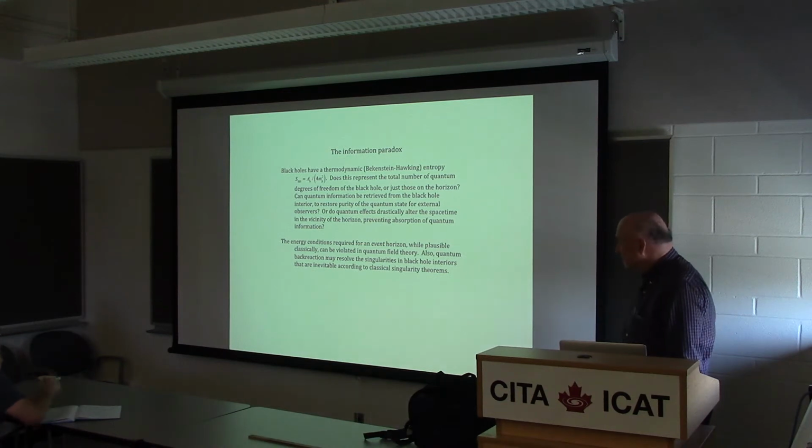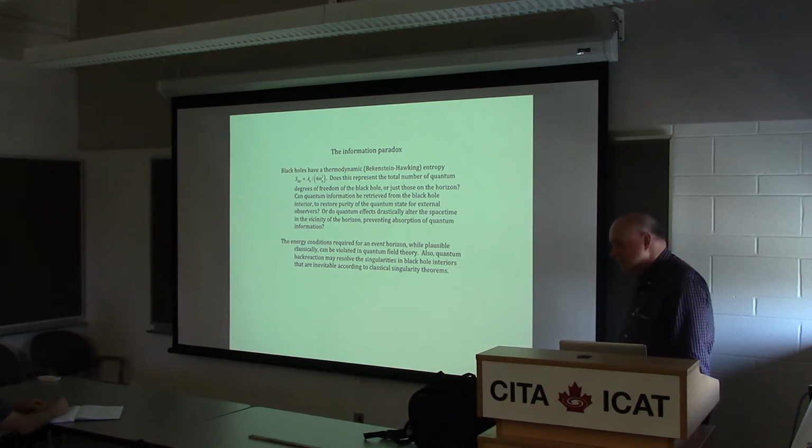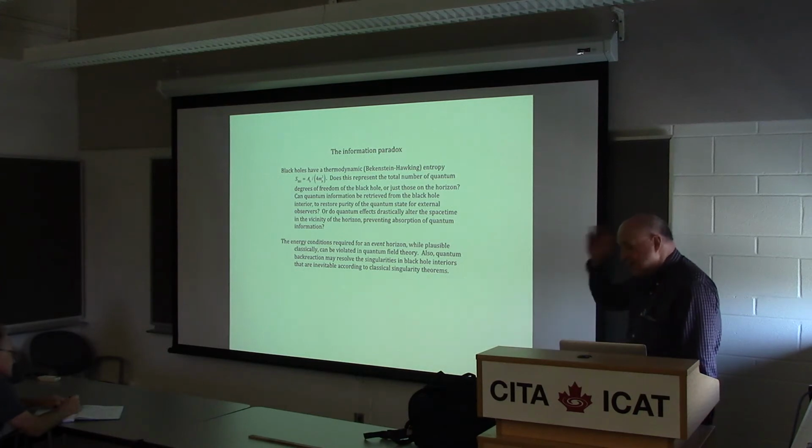me about a lot of the literature, is that people seem to assume that just because classically there's an event horizon, and classically there's a singularity in the interior of the black hole, that when you take into account quantum field theory, you still have an event horizon and the singularity, and so they claim they have to do something drastic to prevent anything from going into the black hole.